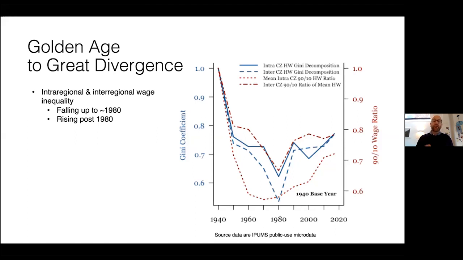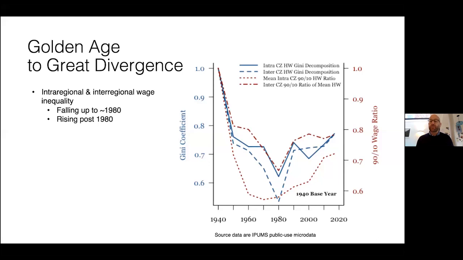The figure you see up on the screen here is a visualization of the evolution of measures that capture both of those kinds of inequality. We've got measures of interpersonal inequality and interregional inequality measured either through a Gini coefficient or through 90-10 wage ratios.